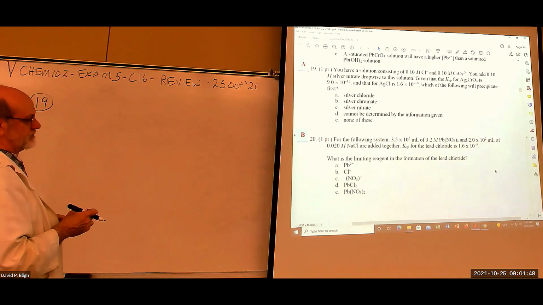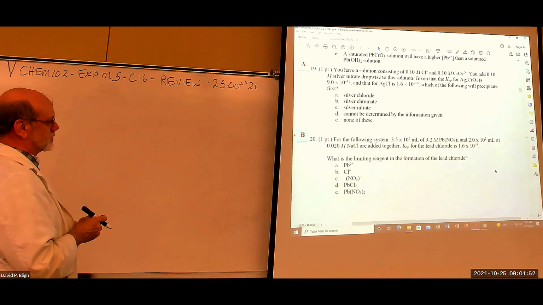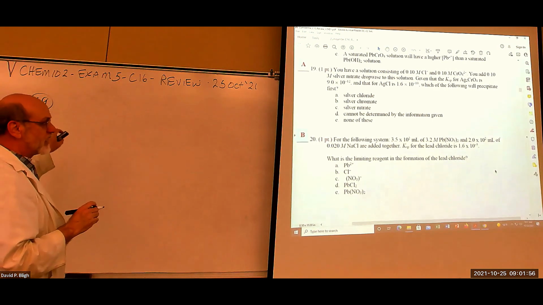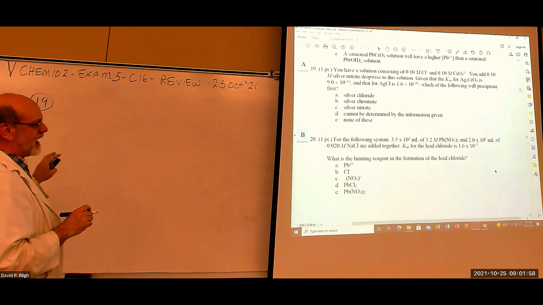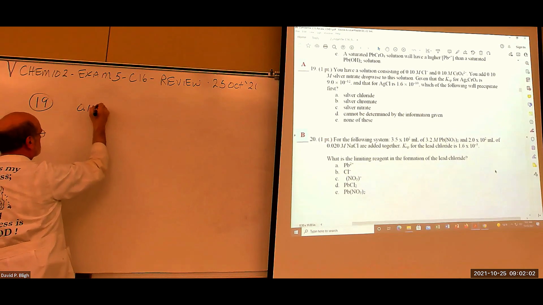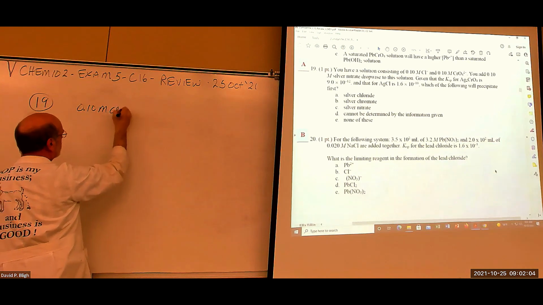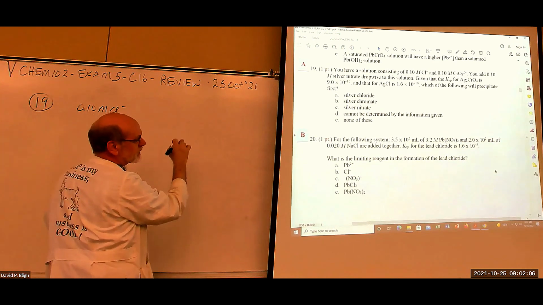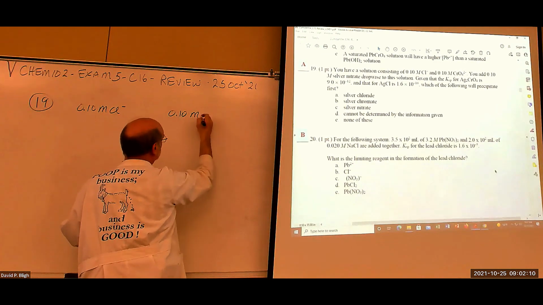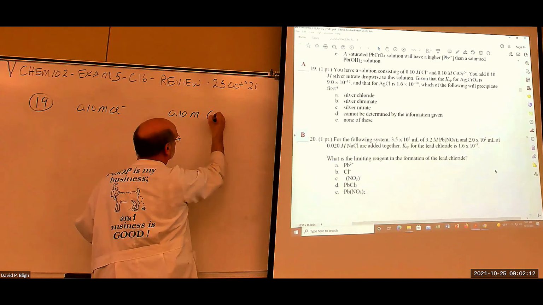Which one of these compounds precipitates first? So we've got two possible reactions happening here. This one is 0.1 molar chloride, correct? And this one is 0.1 molar chromate.